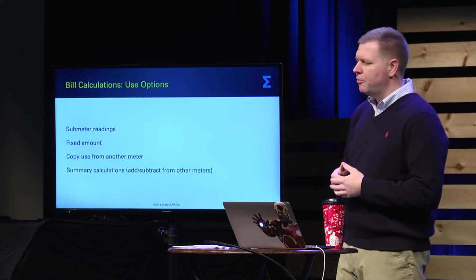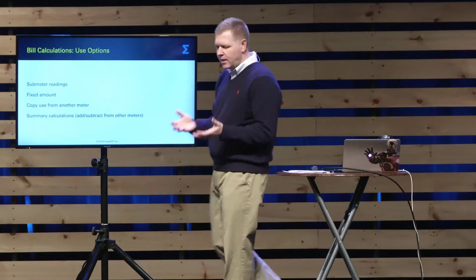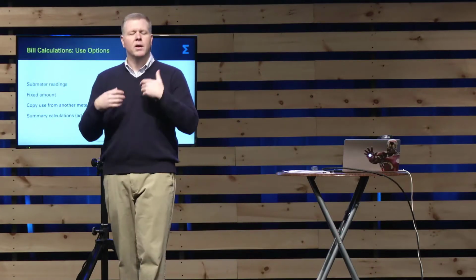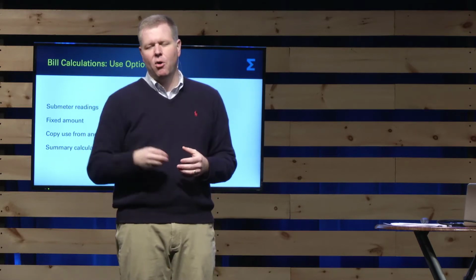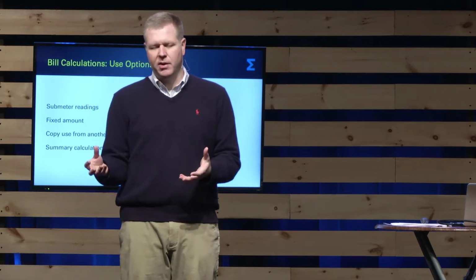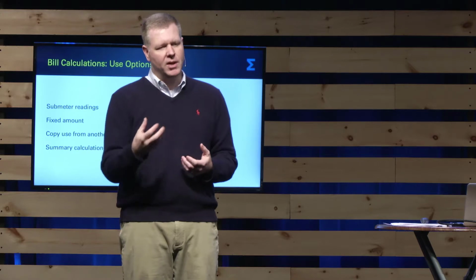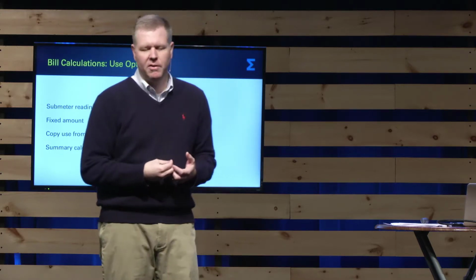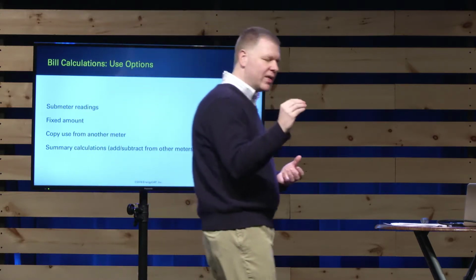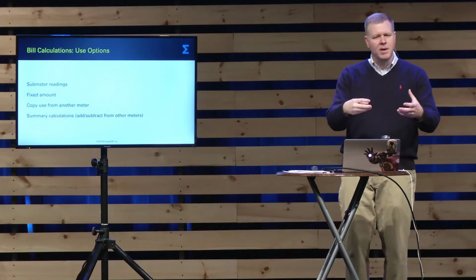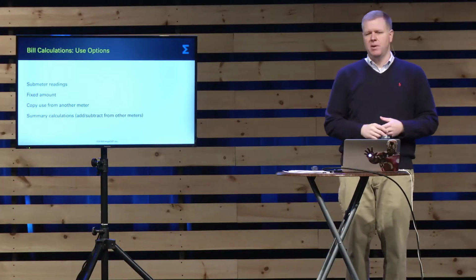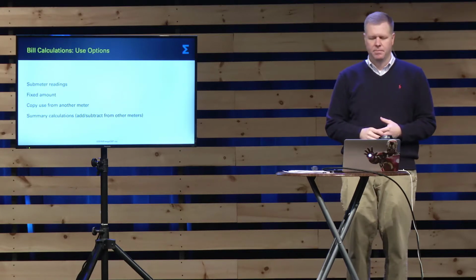So this is helpful, for instance, if you have lighting meters or virtual lighting meters. You don't actually have a meter at the pole, but you have some type of calculation that you've done to estimate what the lighting load is in a particular area. You can now plug that number into EnergyCap, and we can use that month after month to generate a bill as if you had a submeter in that place.